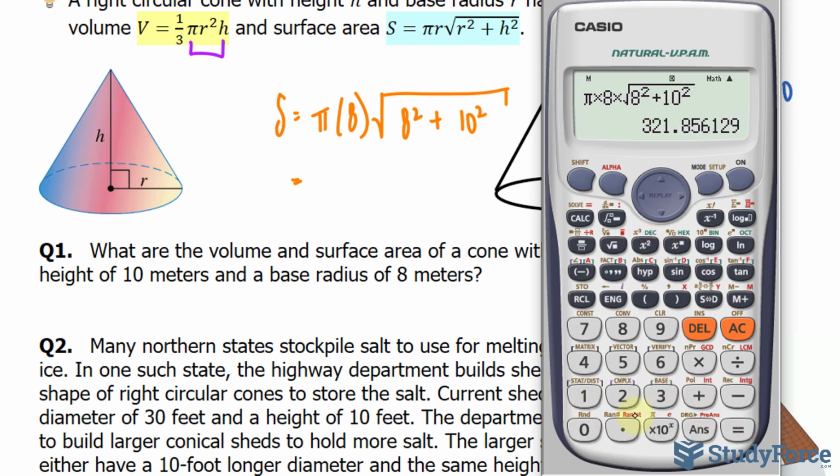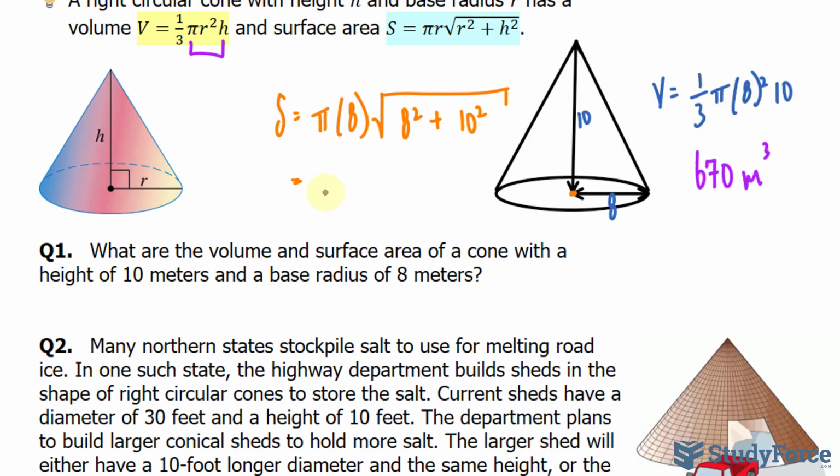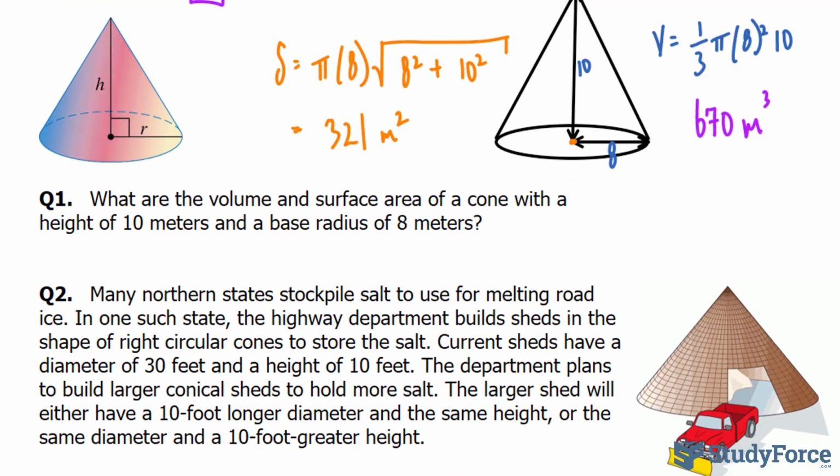We end up with approximately 321. And I'll ignore the decimal places just for simplicity's sake. Surface area is the area, so the units are squared. We have meters squared.